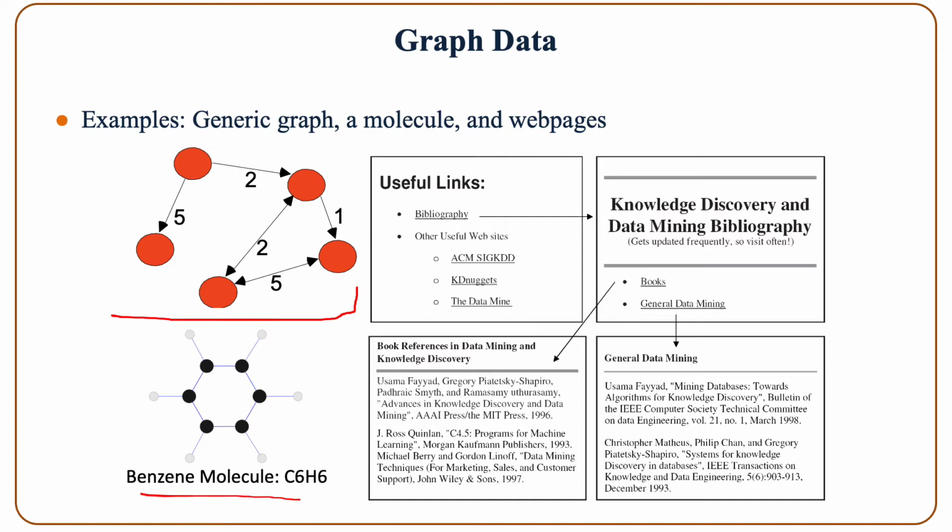And we have links on the web page pointing to other web pages. For example, bibliography points to the second web page. Books points to the third web page, and general data mining points to the fourth web page.